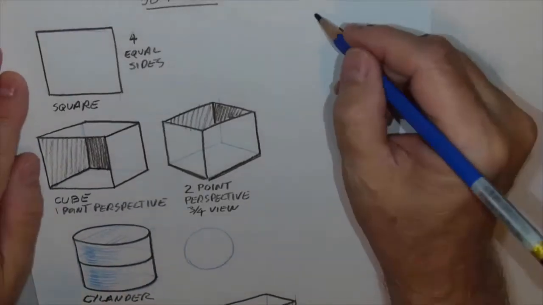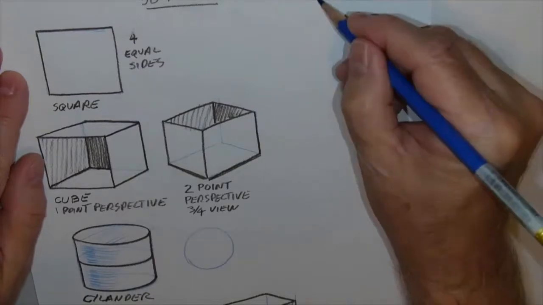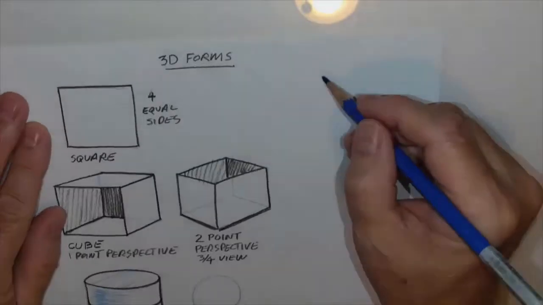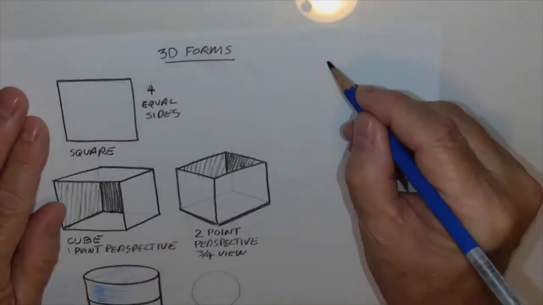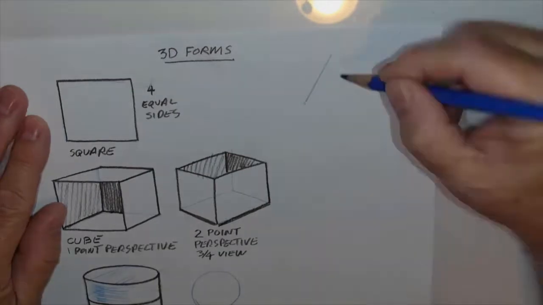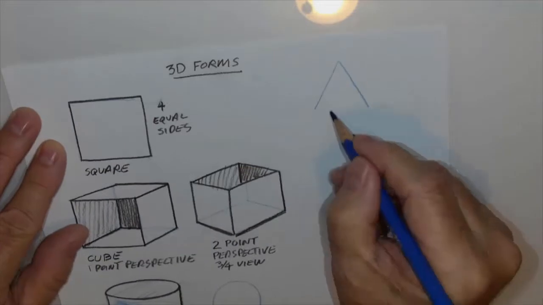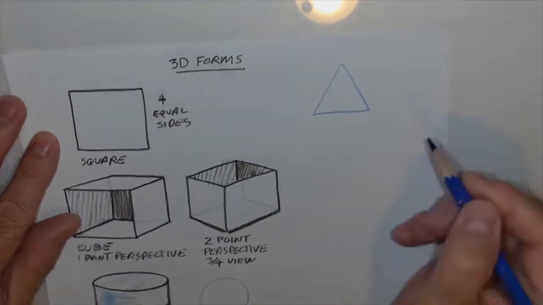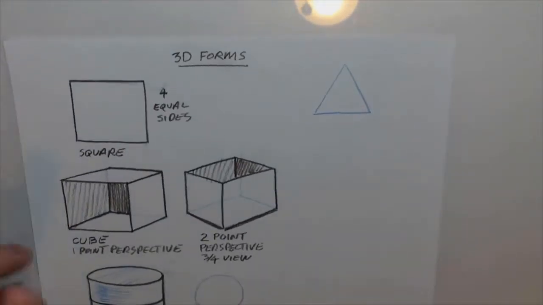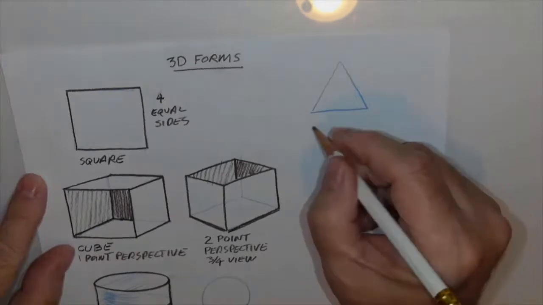So this one, again, 2D form, and let me get that up here. And it is supposed to be a little narrow here, but this is a triangle.